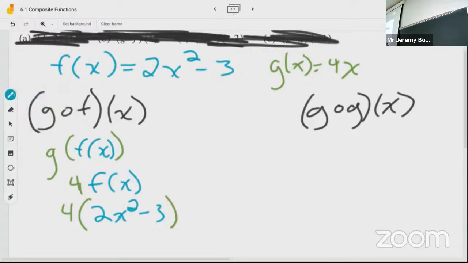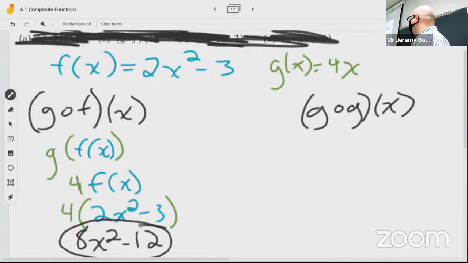And so now that 4 is going to distribute, and this would end up being 8x squared minus 12. And that would be your composite function. Any questions on that?